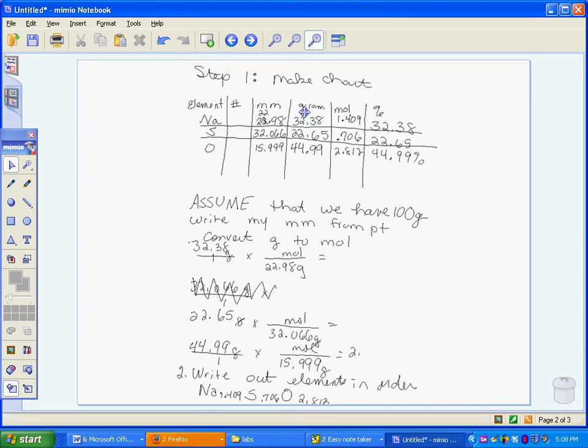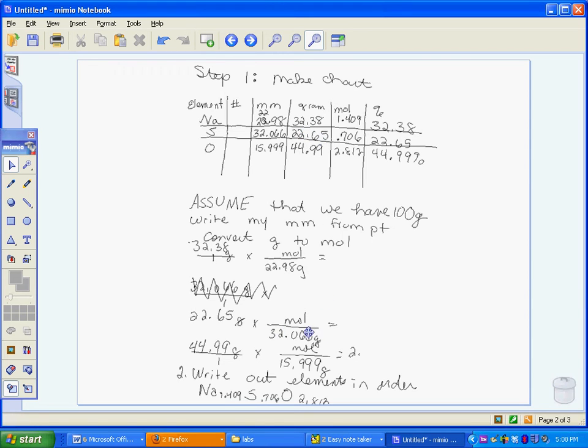So as you can see, we had 32.38 grams of sodium. I divided it by the molar mass. That means I have 1.409 moles of sodium. I have 22.65 grams of sulfur.